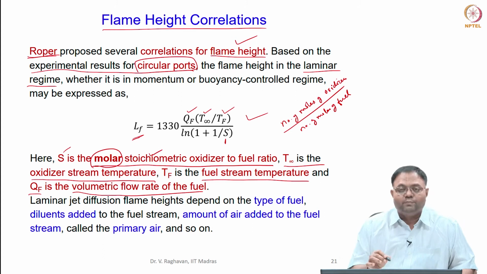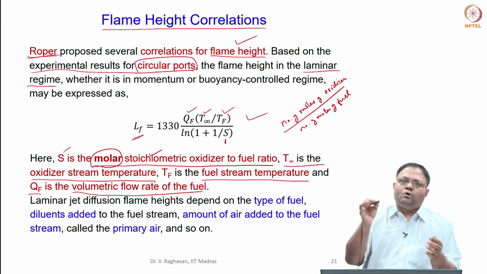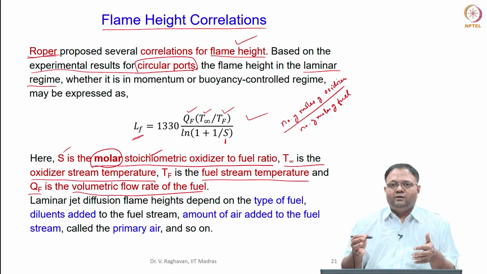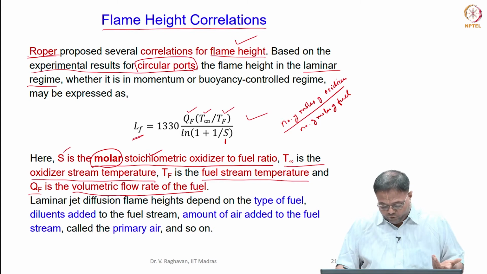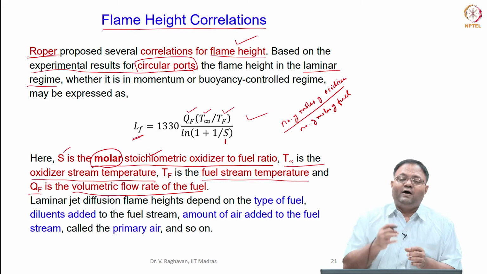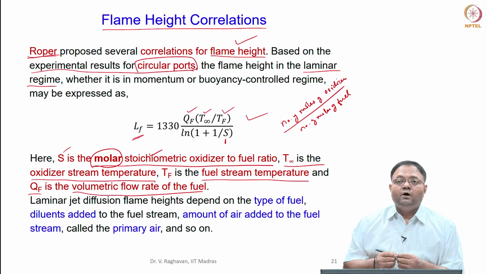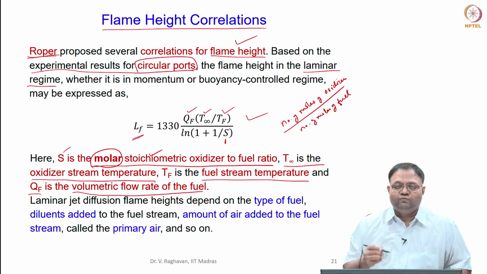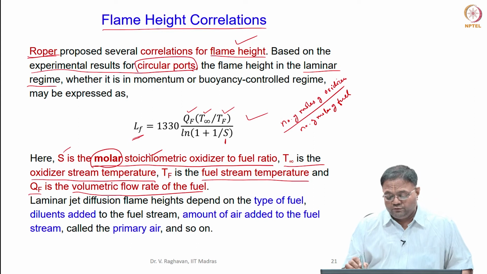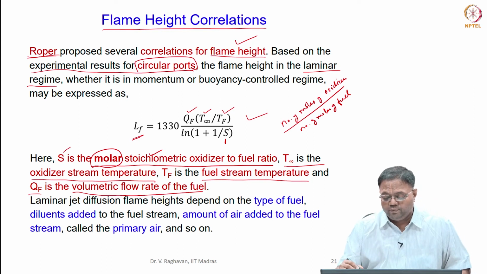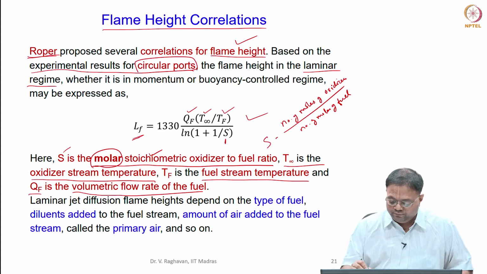In diffusion flames, the fuel and oxygen are separately supplied to the combustion chamber, so the flame zone is formed at the locations where stoichiometric mixing takes place. So, the stoichiometric oxidizer to fuel ratio is considered here: number of moles of oxidizer divided by number of moles of fuel, that is S.